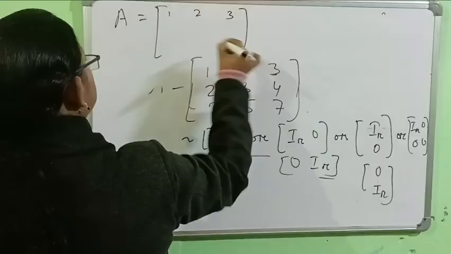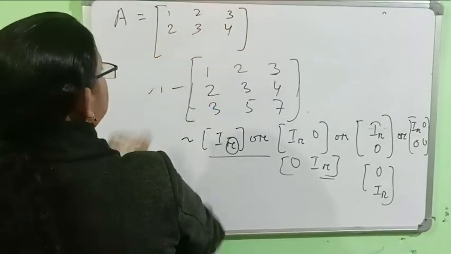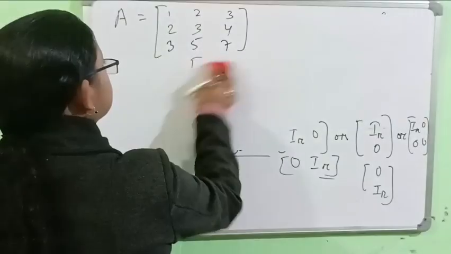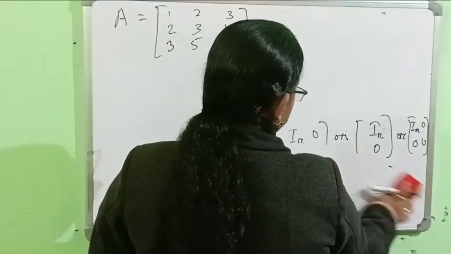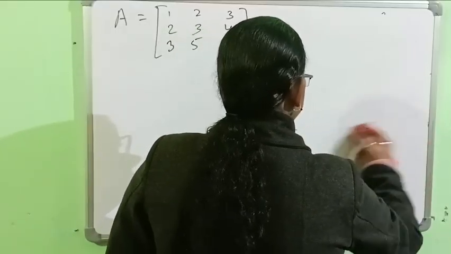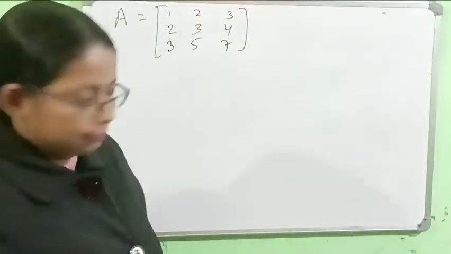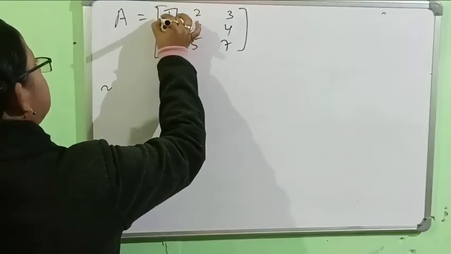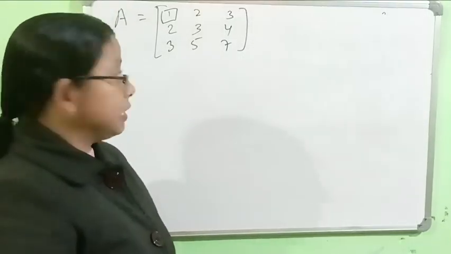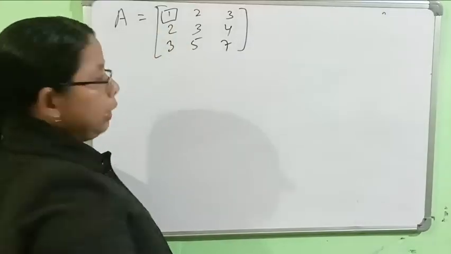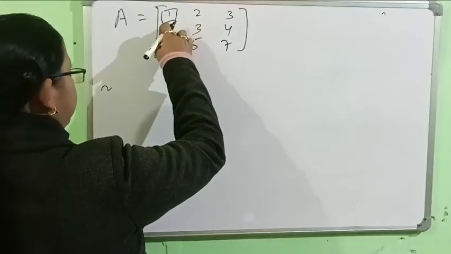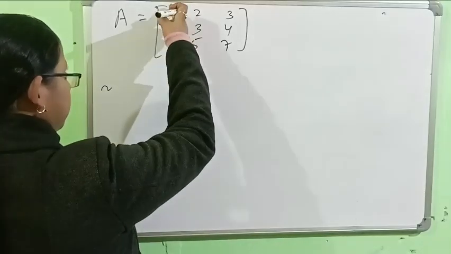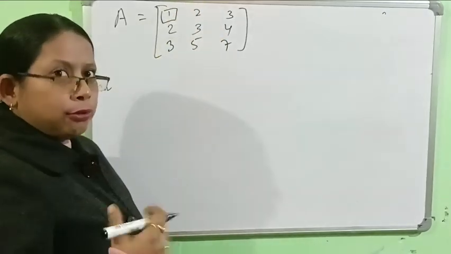The matrix is 1, 2, 3, 2, 3, 4, 3, 5, 7. First of all, check whether this element is non-zero or not. If it is a non-zero element, then it's okay. If it is zero, then check whether we can get unity; if there is no unity, I take any one of the other elements with the help of row or column transformation.